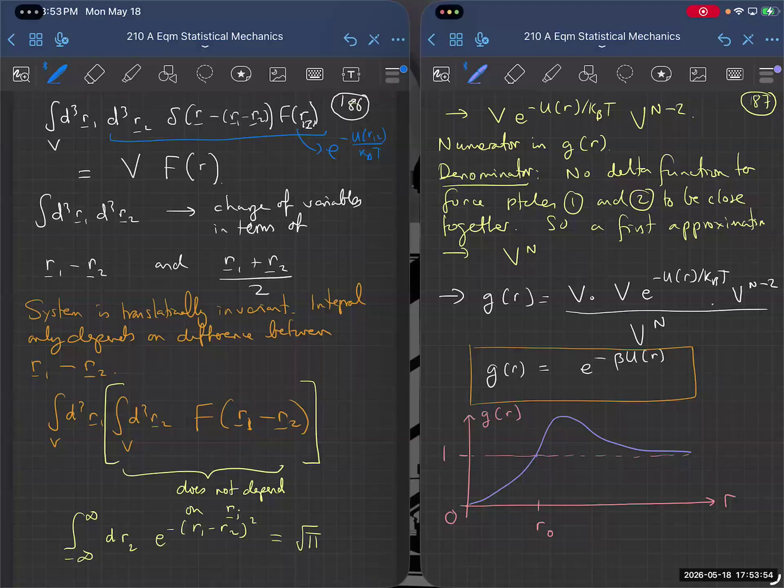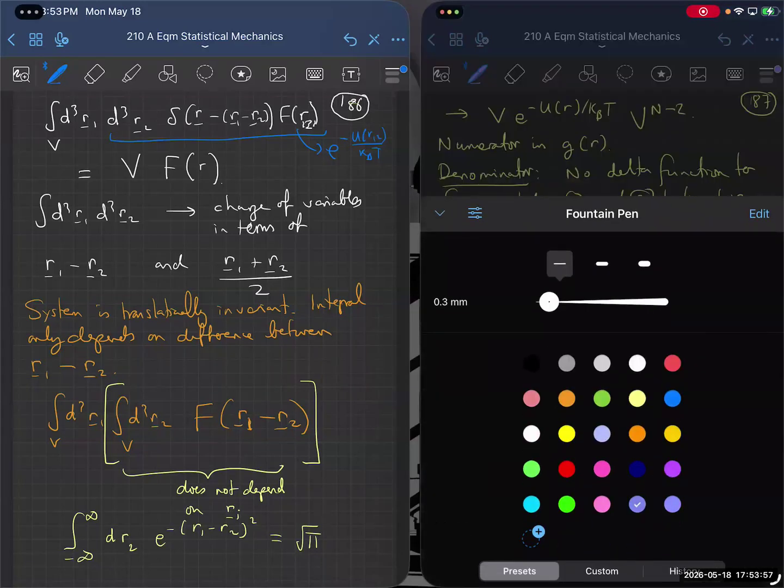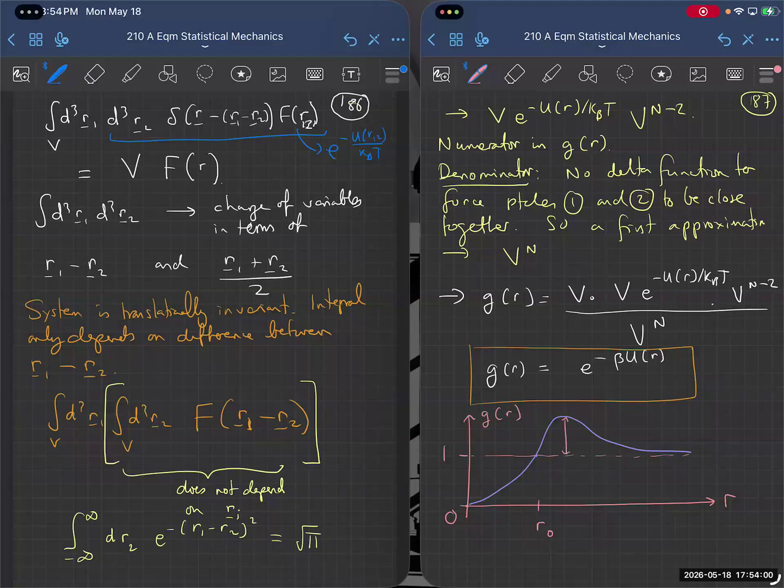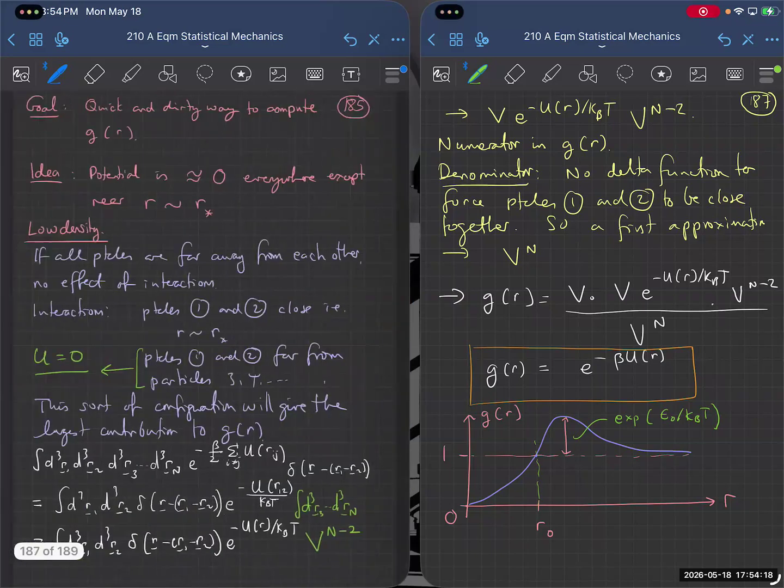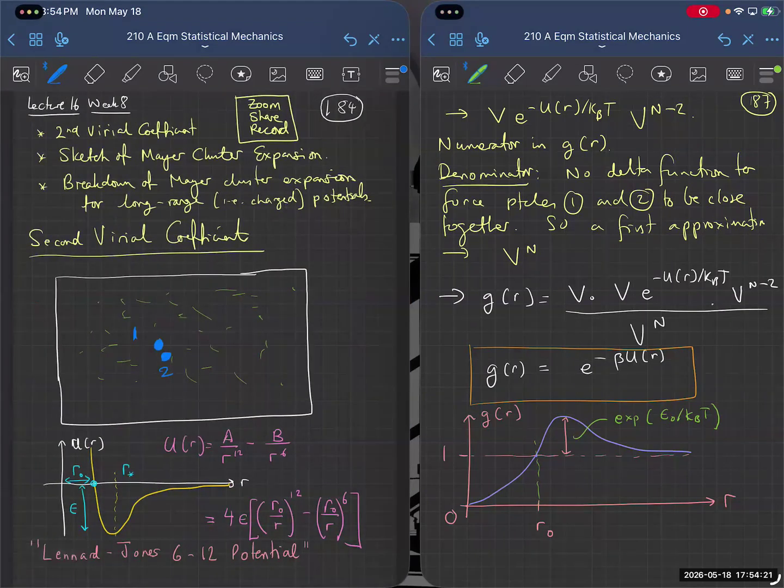Okay, so that value there is e to the epsilon naught over kT. This is r, and just to remind you, here's my potential. So there's the epsilon. I don't know why I called it epsilon naught. So there's what my potential looks like.